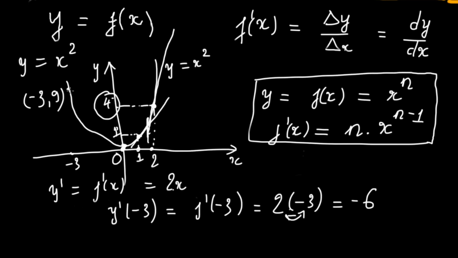In other words, if you draw a line that goes through this point, negative 3, 9, and it also has the slope negative 6, it is the tangent line of the equation y equal x squared at this point.